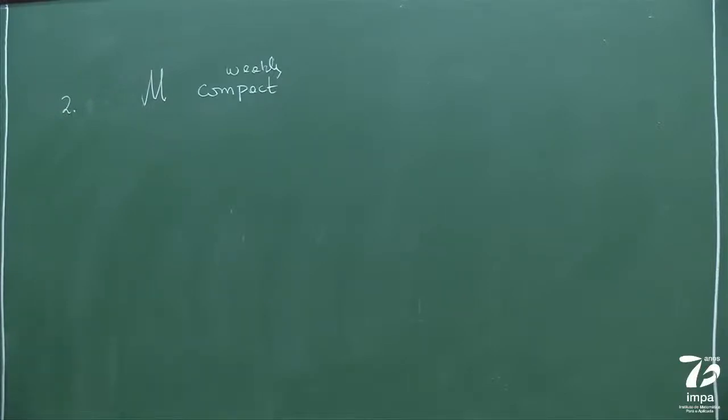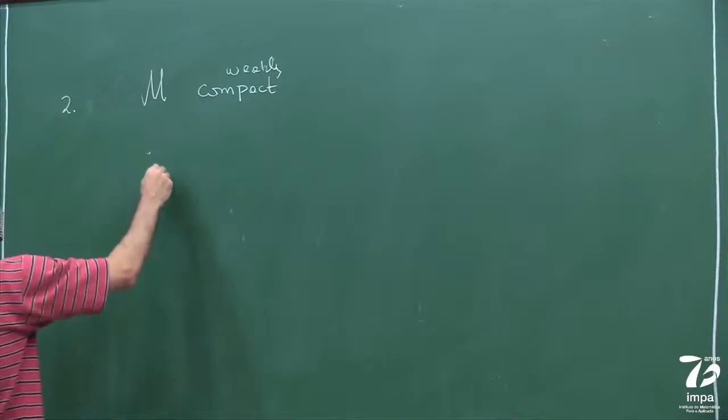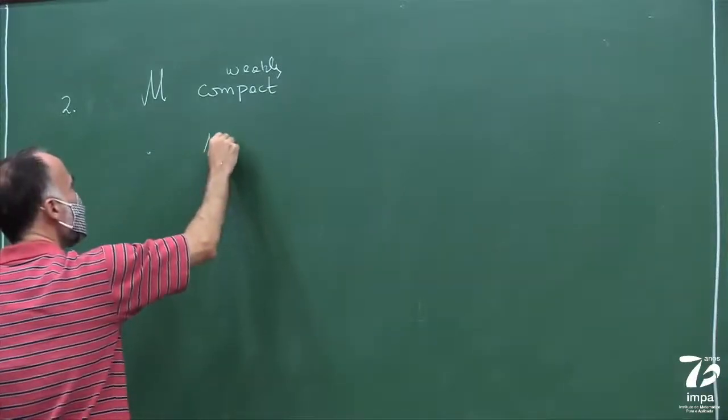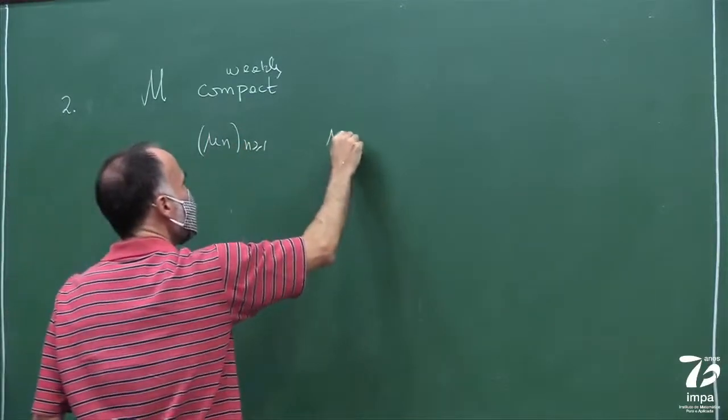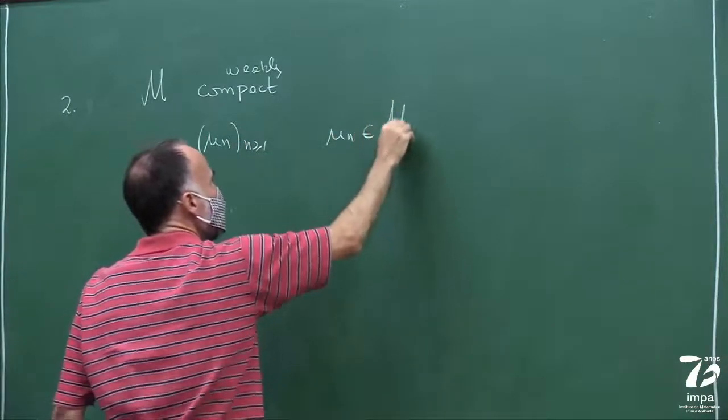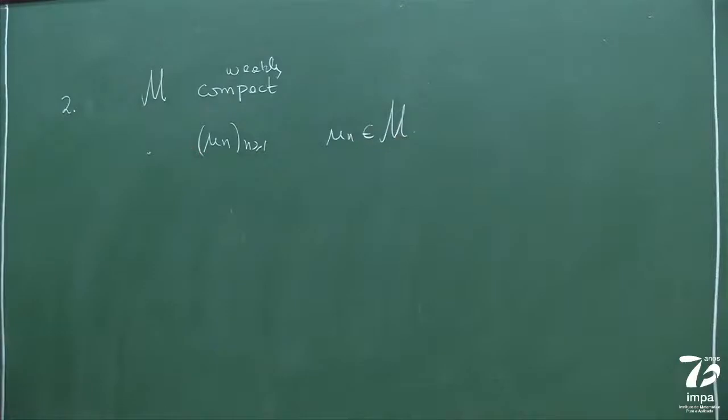Okay, so I only sketch this proof. So I take mu n, a family in M, and I want to extract a subsequence which converges.